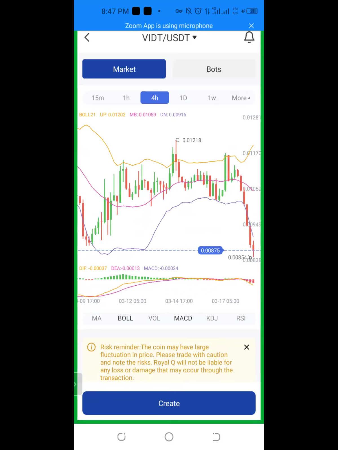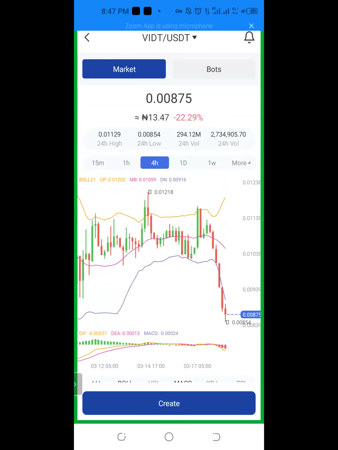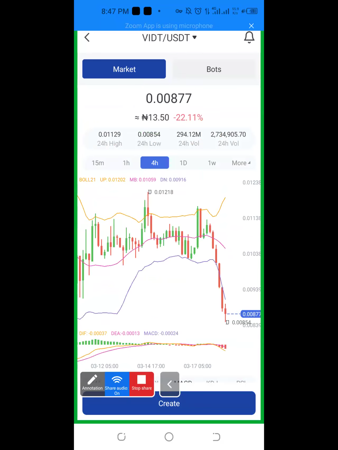So now, if you want to measure your profit margin, the current price is 0.00876. Now, if I want to take my profits when this coin gets to 0.00939, I want to measure how much profit margin percentage I am going to put on this trade.